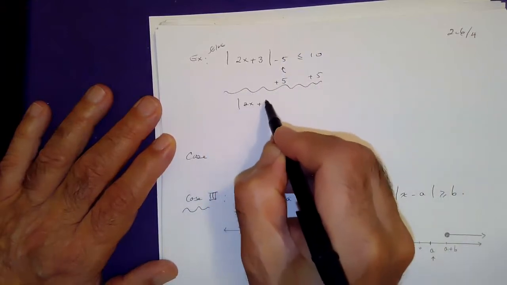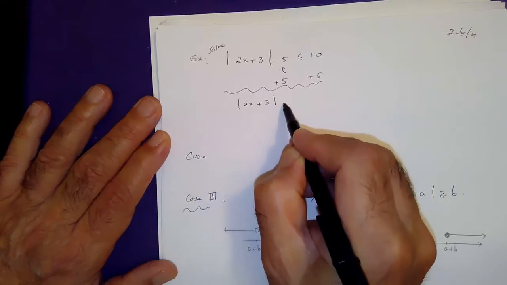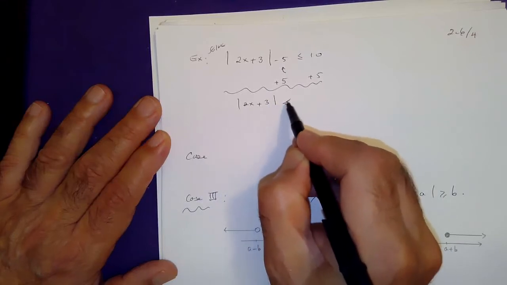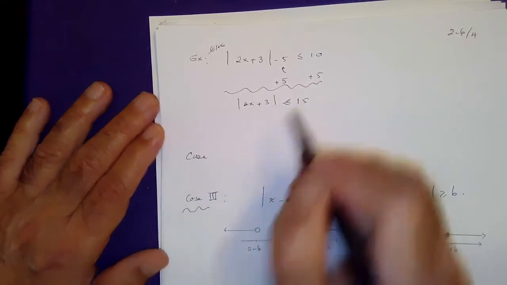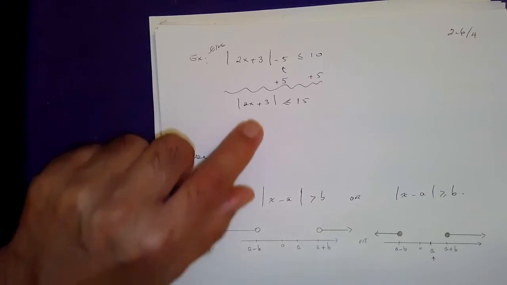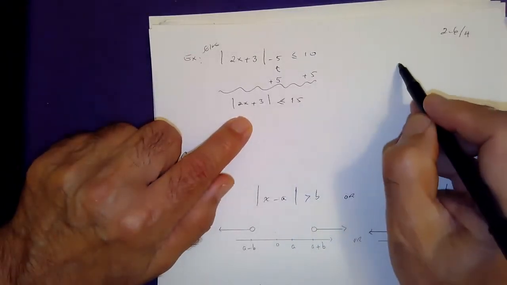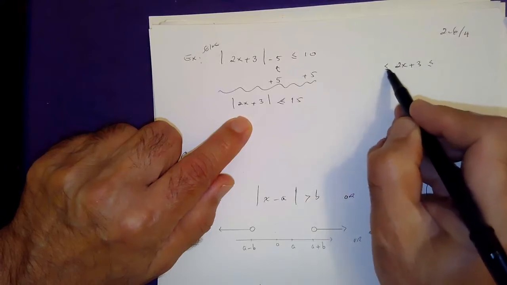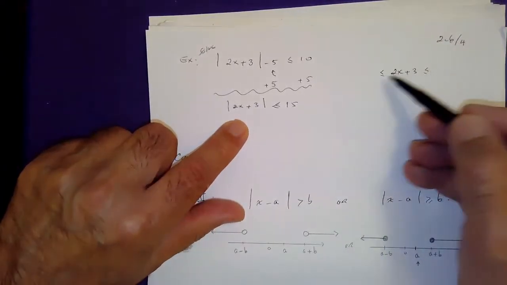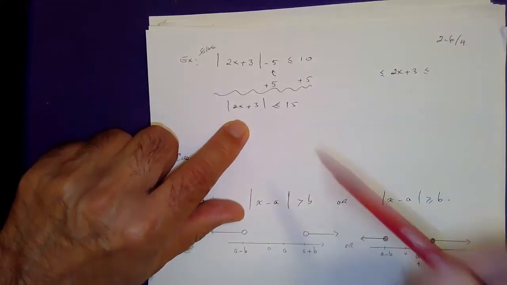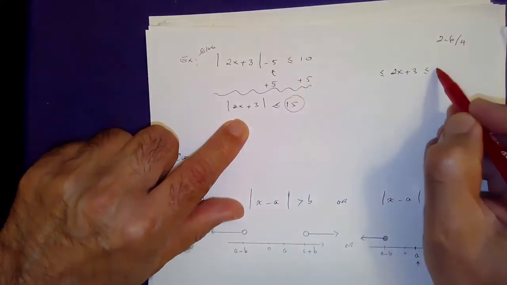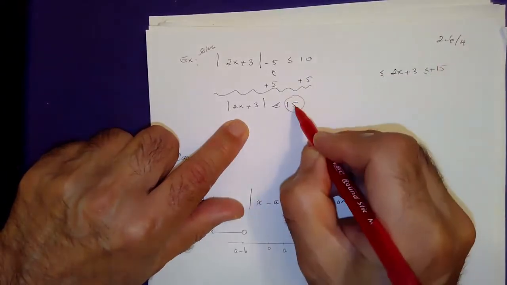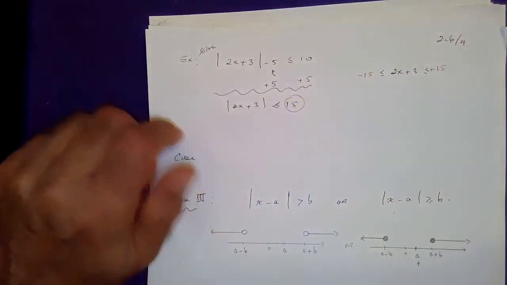Now the problem reads absolute value of 2x plus 3 is less than or equal to what? 15. Now the procedure. Drop the bars, put two inequalities, one on the left, one on the right. Make sure they both point to the left. Put the positive of this number on the right side and the negative of the same number on the left side.